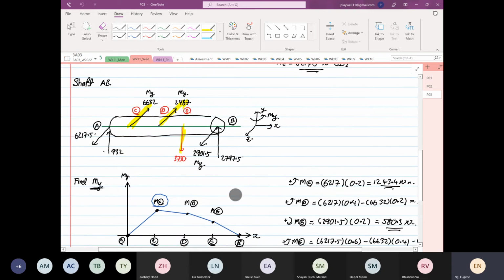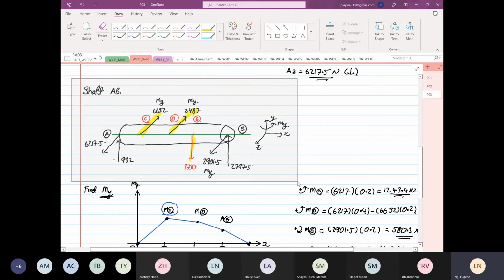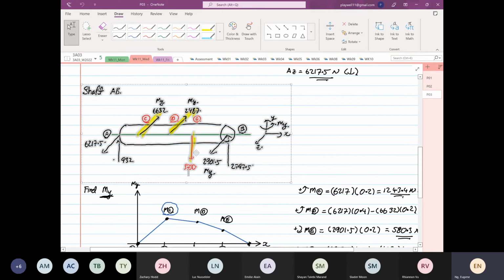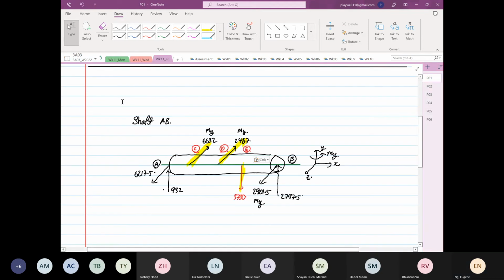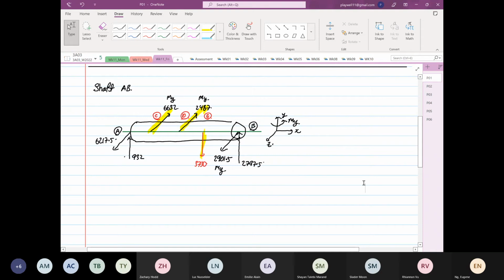The next thing we're going to do, I'm going to copy this diagram, I need it for the next one, is take moment about the y-axis. Moment about the y-axis is moment going in this direction.